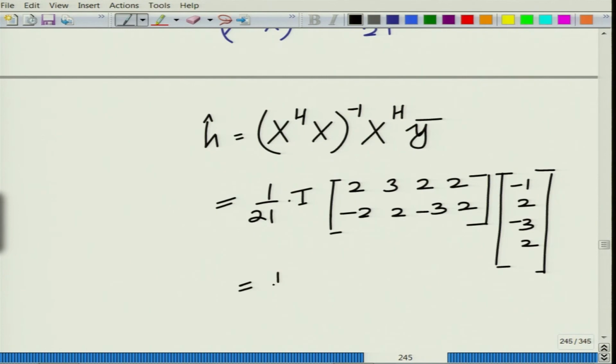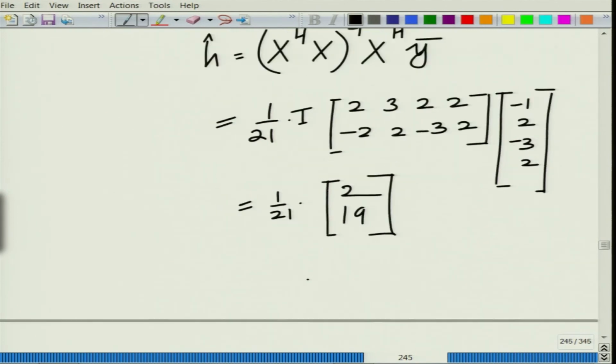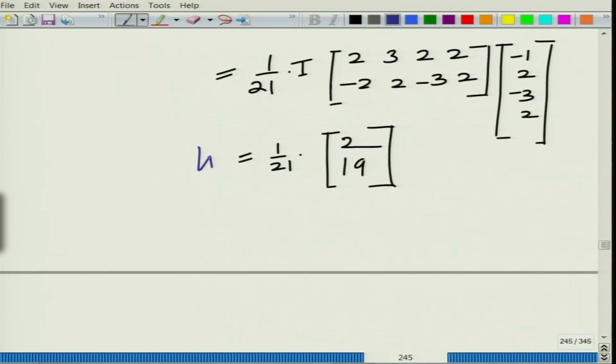You can see that this is 1 over 21 times minus 2 plus 6, that is 4, 4 minus 6 minus 2 plus 4, so that is 2, 2, 2 plus 4 is 6, 9 plus 6 is 15, 15 plus 4 is 19. So, essentially your channel estimate, once you evaluate the least squares channel estimate, is 2 by 21, 19 by 21.